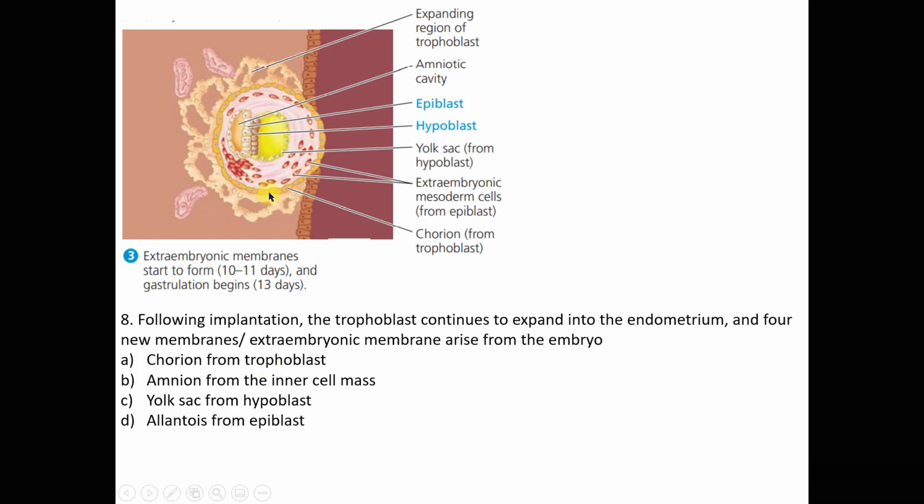So the chorion, and then we have the amnion, which is from the inner cell mass. The amnion is here, that's why we have the amniotic cavity. Then we have the yolk sac from the hypoblast. This is the hypoblast. From this hypoblast we get this yolk sac.